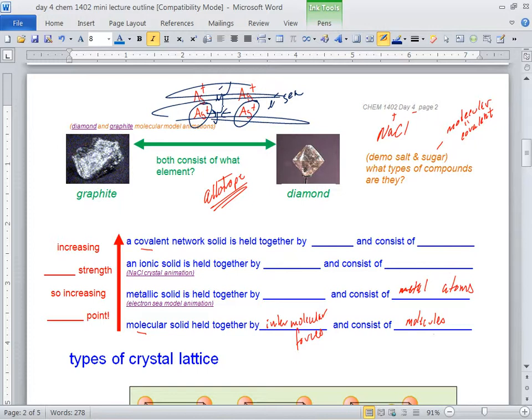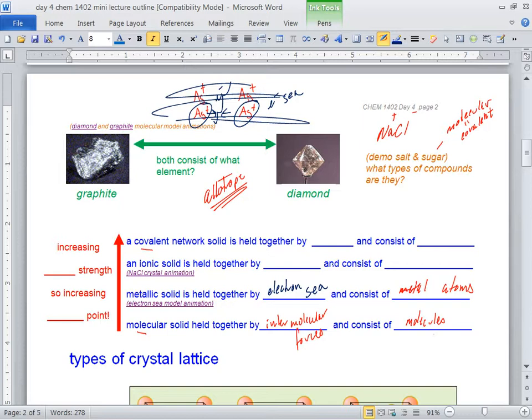You just have all these cations held together because there are electrons in between, free floating, everywhere. That's why it conducts. So a metallic solid is held together by the electron sea. Isn't that weird? But that's what they believe. Things could change, but they haven't changed in about 20, 30 years, so it's probably a good model.